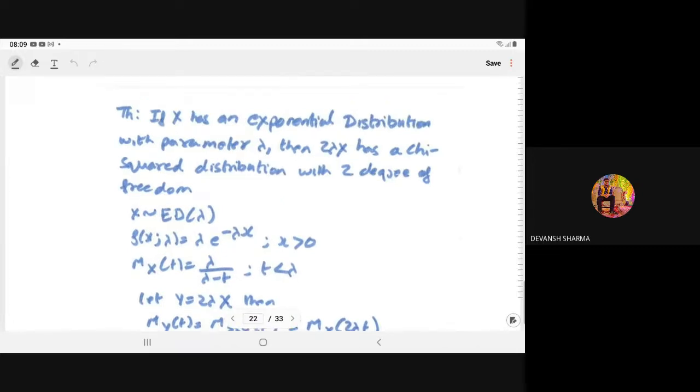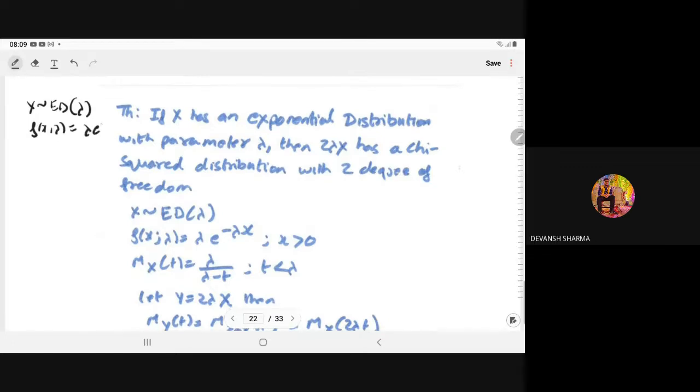Now some more important theorem. If X has an exponential distribution with parameter lambda, it means the pdf is f(x) equals lambda e to the power minus lambda x.